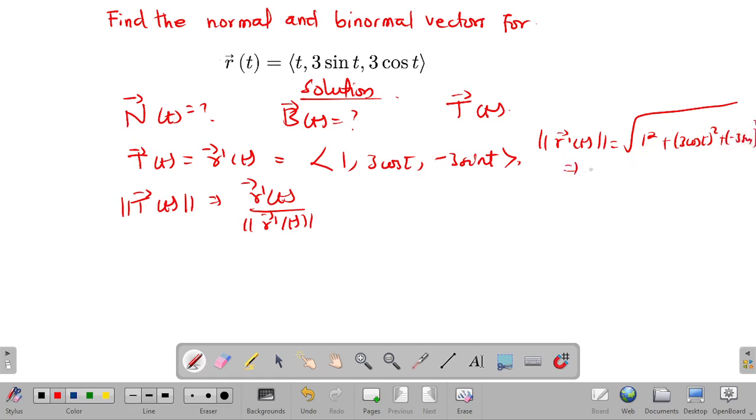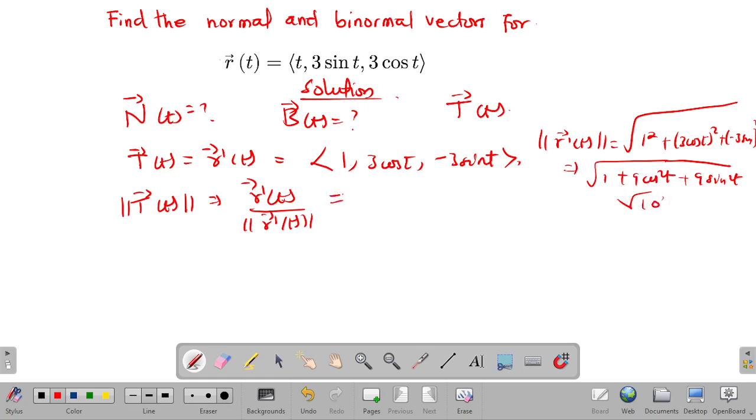So this is going to give us the square root of 1 plus 9 cos squared t plus 9 sine squared t. Remember that cos squared t plus sine squared t is always 1. Therefore, we get 9 there, so our answer will be the square root of 10.